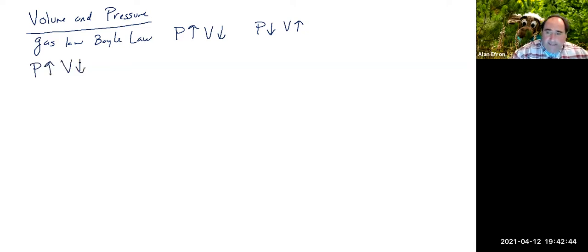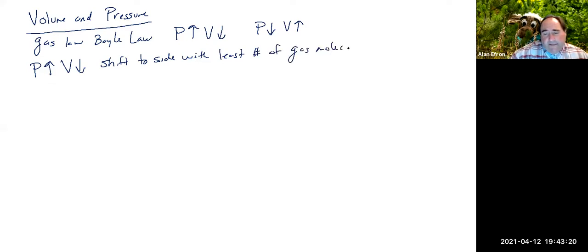So what's really happening here, as we squish the volume, the gas molecules in an equilibrium reaction are now in a very small volume. That's going to cause a lot of collisions to occur, which causes the pressure to start to go up. To fix that, we need to shift to the side with the least number of gas molecules.